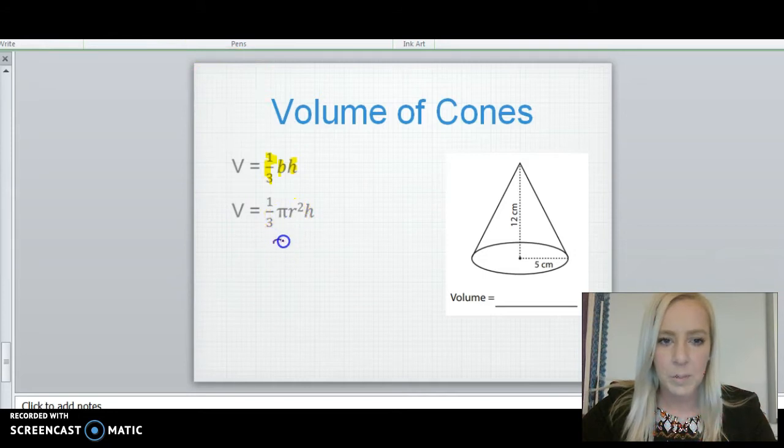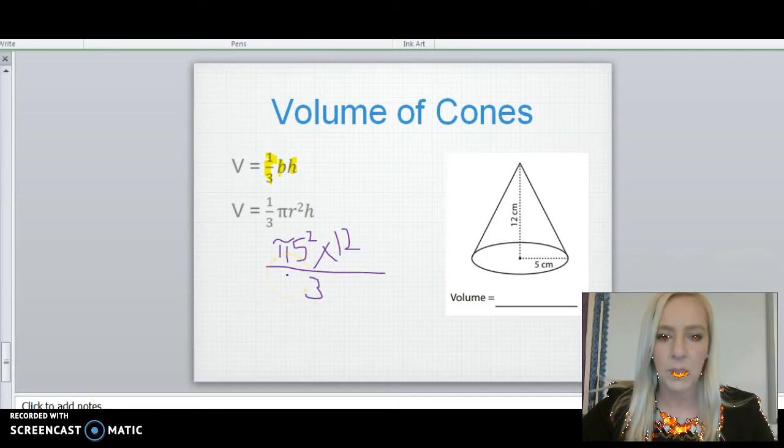So again, we're going to use pi times our radius, which is r, in this case 5 squared, times our height, which is 12. And I'm going to divide by 3.